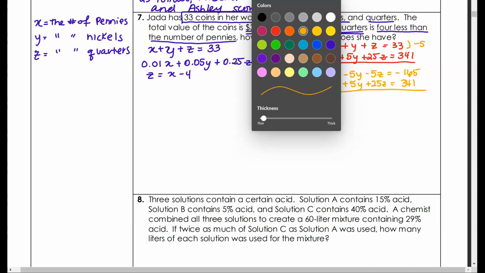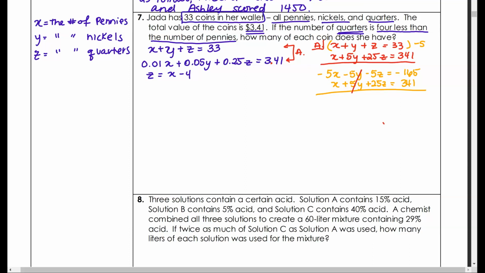Let's combine those items and notice that our y's cancel out. So I got negative 5x plus x, that's going to give me a negative 4x. Negative 5z plus 25z is going to give me a positive 20z. And that's going to equal negative 165 plus 341, which gives me a positive 176. All right, so this is my second equation.